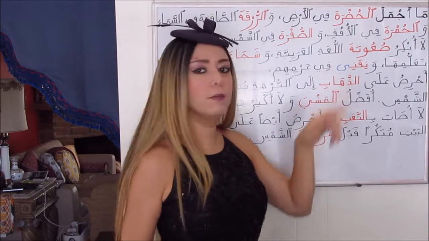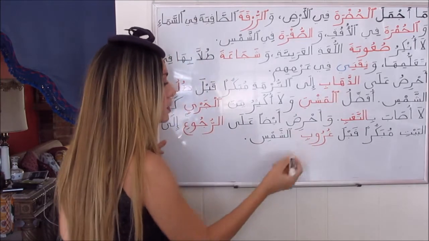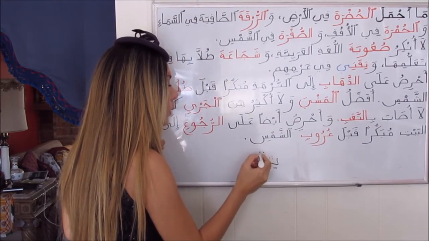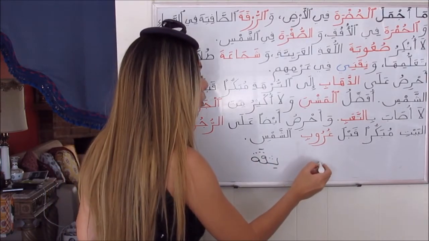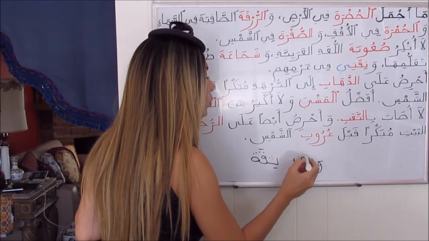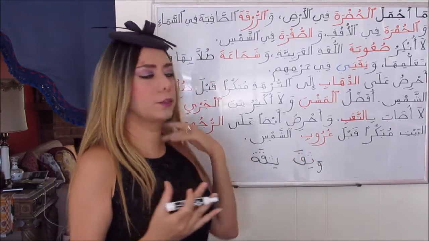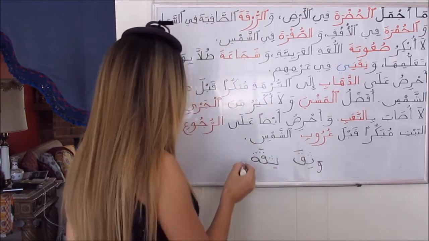And here we have a possessive pronoun attached to this verbal noun. ثقة, ending with the ta marbuta. This is a feminine noun from the verb وثق, to trust. ثقة, trust, faith.